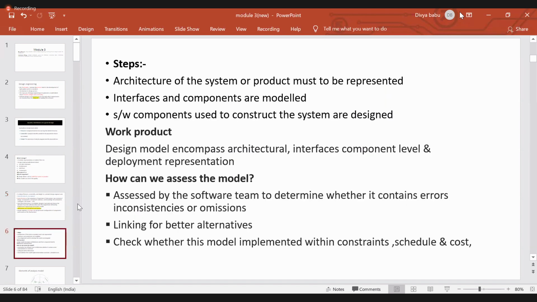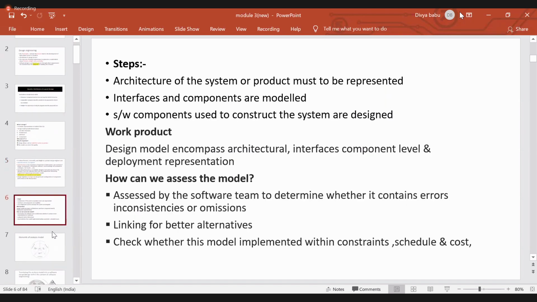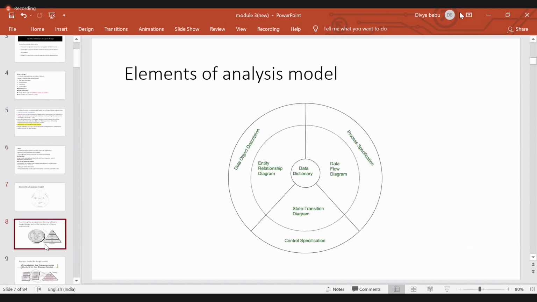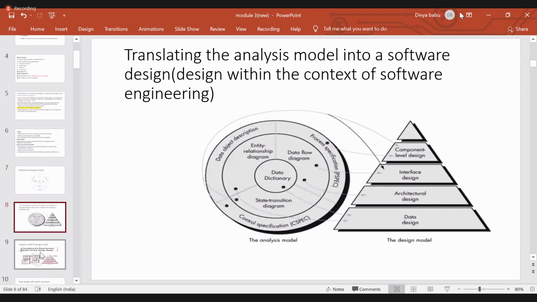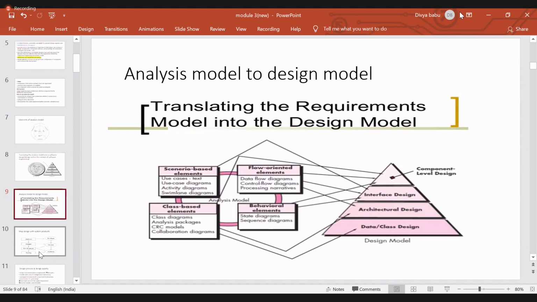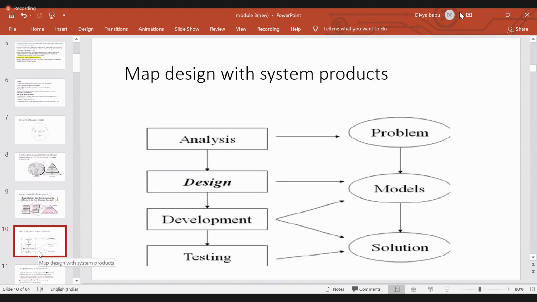And after that, I discussed the work products of the design phase, how we can assess a model, what the elements of the analysis model are, how we can convert this analysis model to the design model, and how these phases are related. What are the inputs for design models, and the mapping.